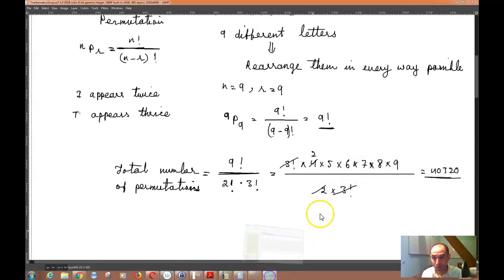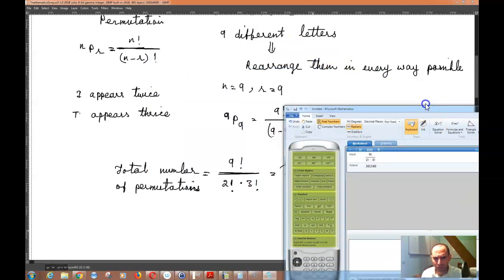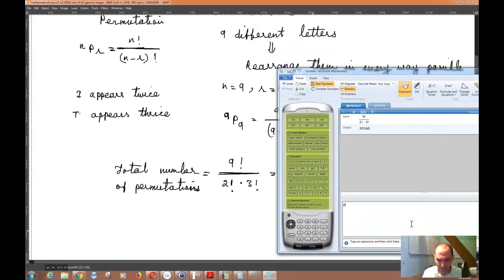I don't think that's right. 9 factorial is the same thing as this thing, and then 2 factorial times 3 factorial is simply 6 times 2, which is equal to 12.